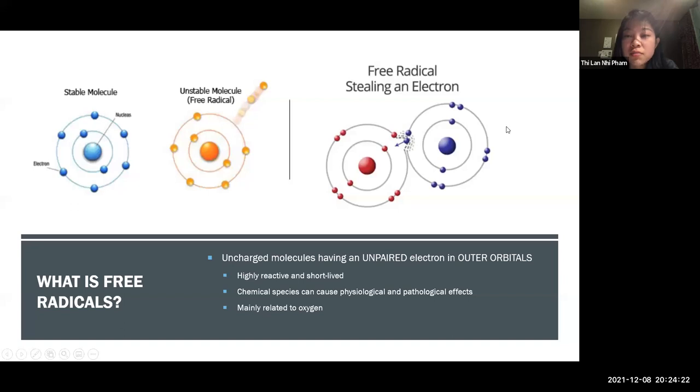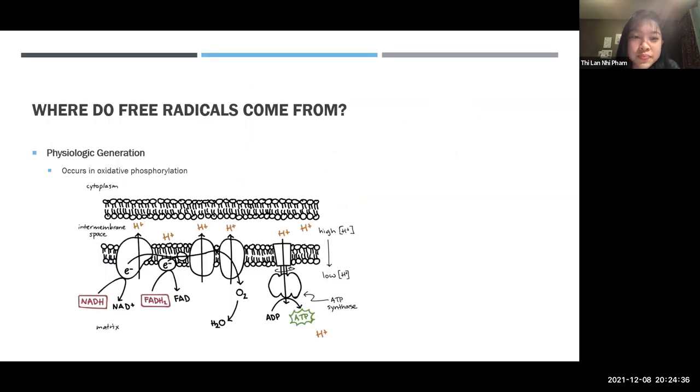So it becomes like a chain reaction. Free radicals are highly reactive and short-lived. In our human body, we're most likely talking about oxygen free radicals.